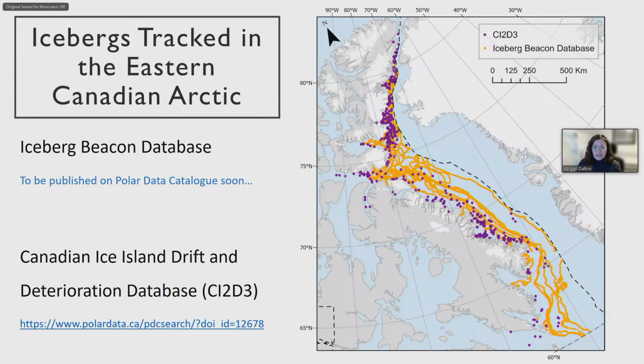So there's also the Canadian Ice Island Drift and Deterioration Database, or CI2D3, and that contains thousands of locations of ice islands, which are large tabular icebergs, and ice island fragments, and those were detected in synthetic aperture radar imagery. So for my project, I used these two data sets to create a climatology of icebergs in the Eastern Canadian Arctic to give us an idea of where icebergs are known and have been observed to commonly drift.